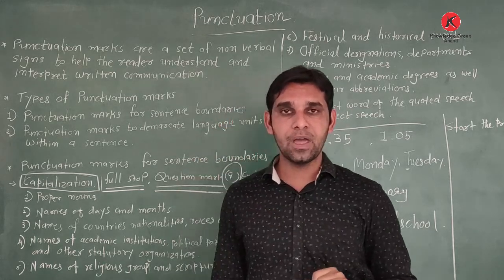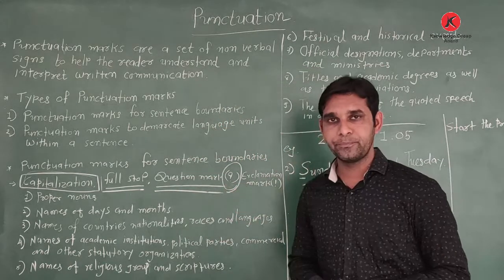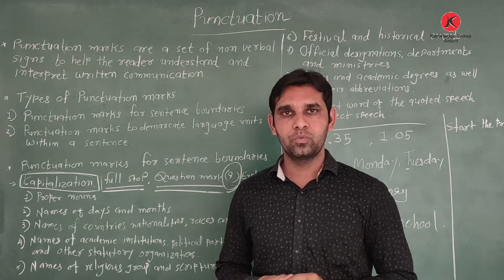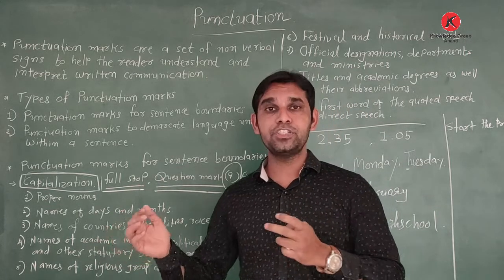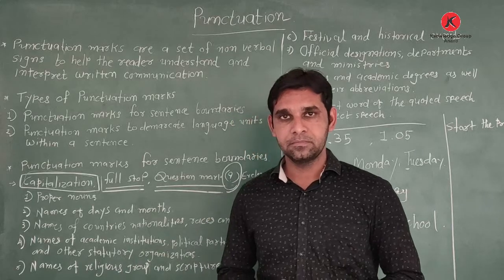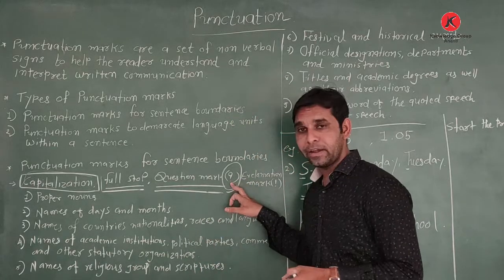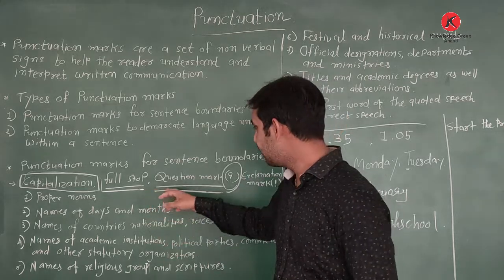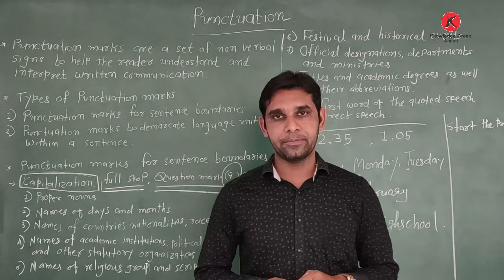At last, this symbol, the question mark. "What are you doing? Who are you? Which word or which picture do you like?" So at last we put the symbol of the question mark. So this is the information about the question mark.